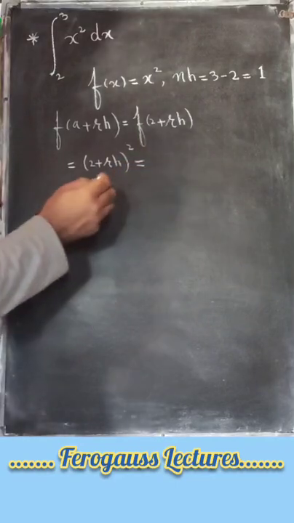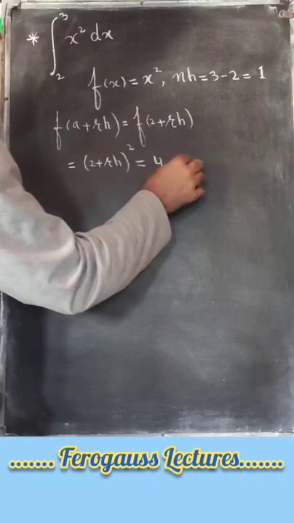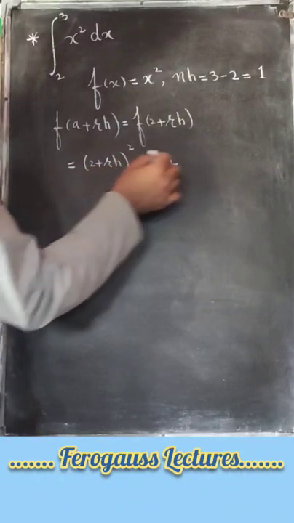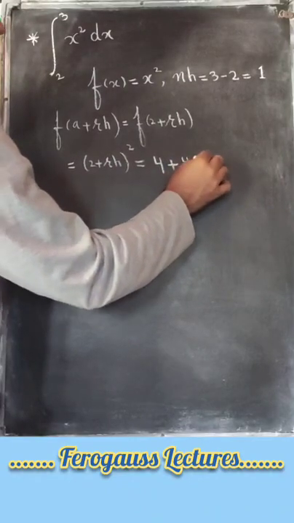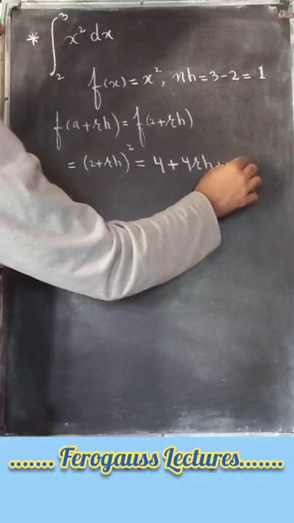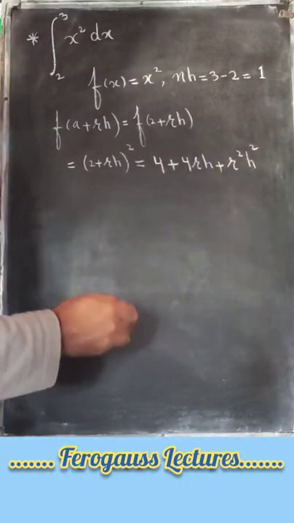That is further equal to 2 square, which is 4, plus twice ab, that's 2 into rh, so it is 4rh, plus b square, that is r square h square. Okay.